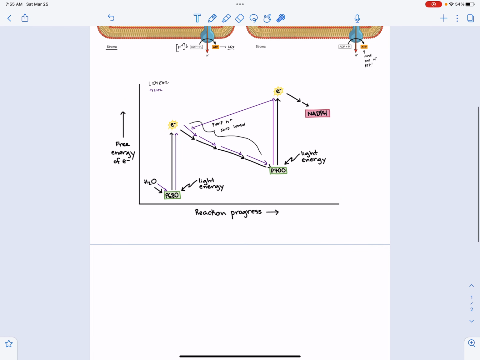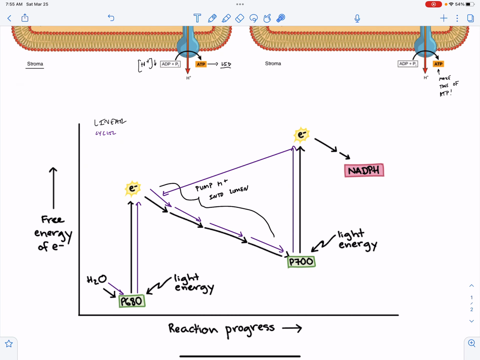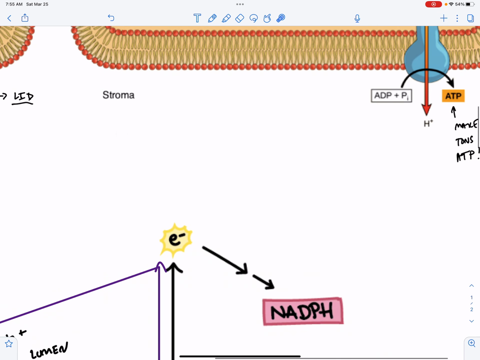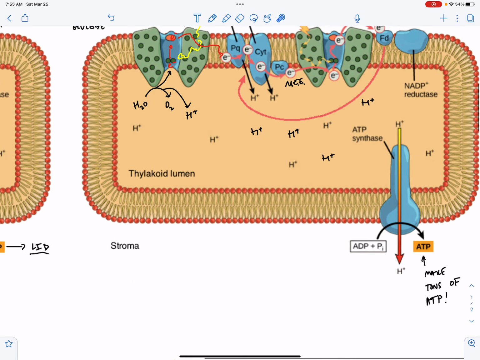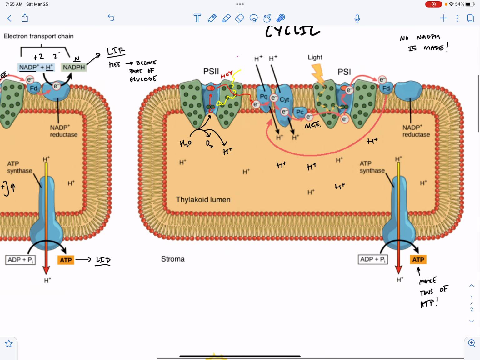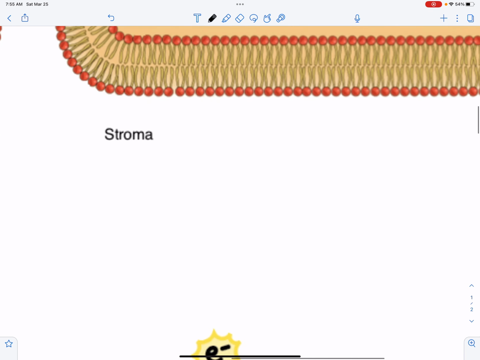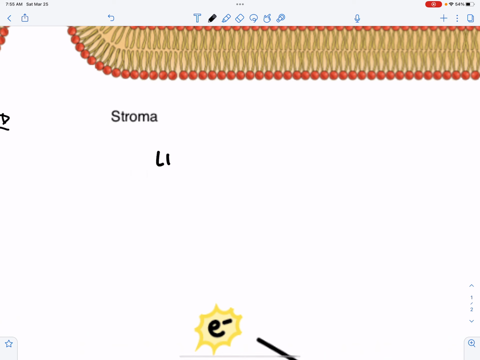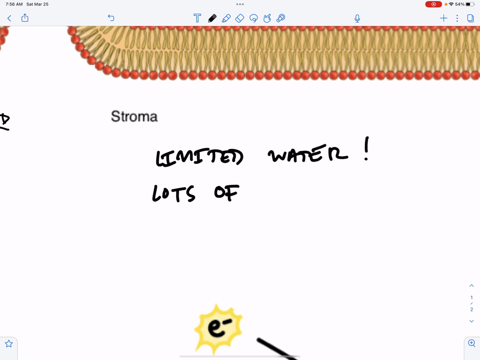Okay, so one thing I want to call your attention to, though, is that the cyclic photophosphorylation pathway is good when we have limited water and lots of light energy.